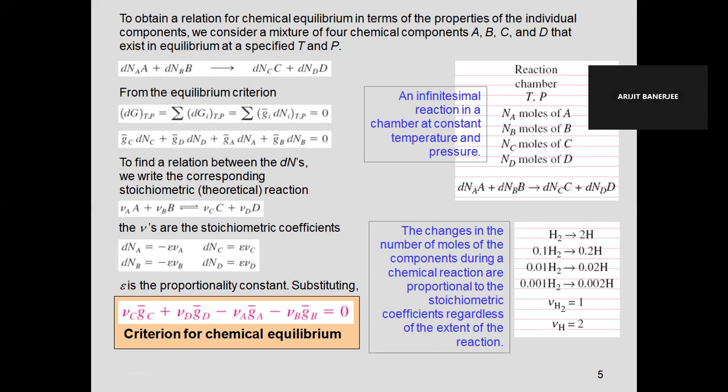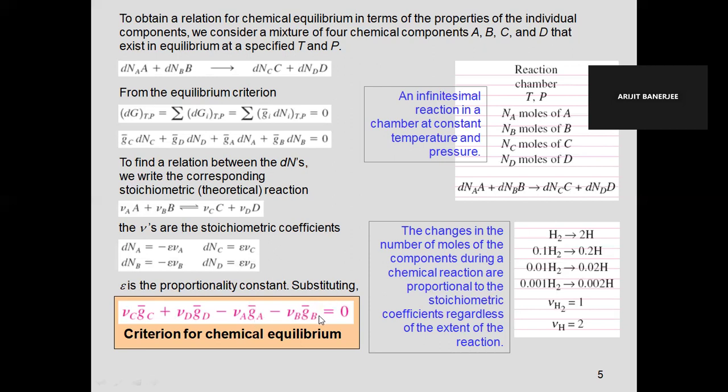So it must be followed properly. These terms we have to get from the table, and how to get them is the next job. And these stoichiometric coefficients are already known, because if I know the chemical reaction, then the stoichiometric coefficients can be easily known.